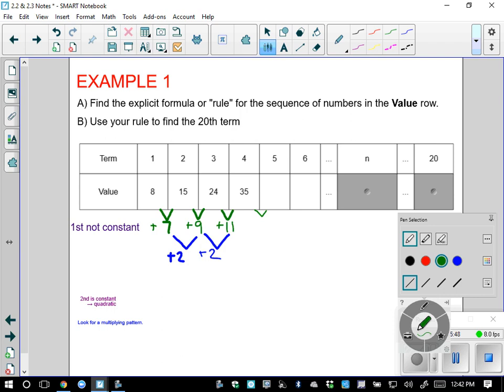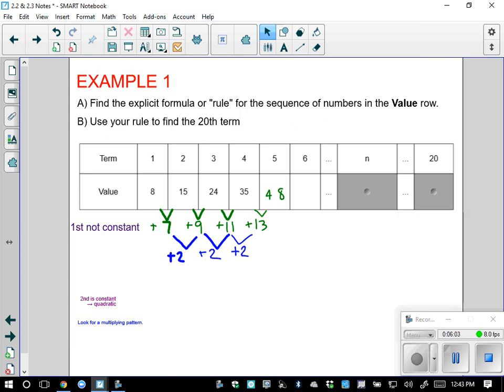We'd have to add 13, so we'd have 48 here. And so from 11 to 13 we go up by 2. So we say the second difference is constant, and whenever that's the case, this is called a quadratic pattern.